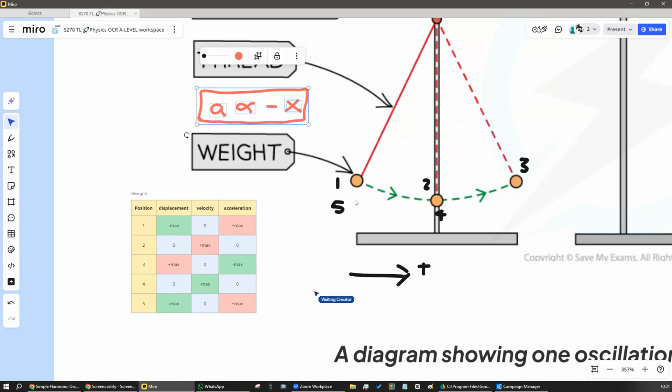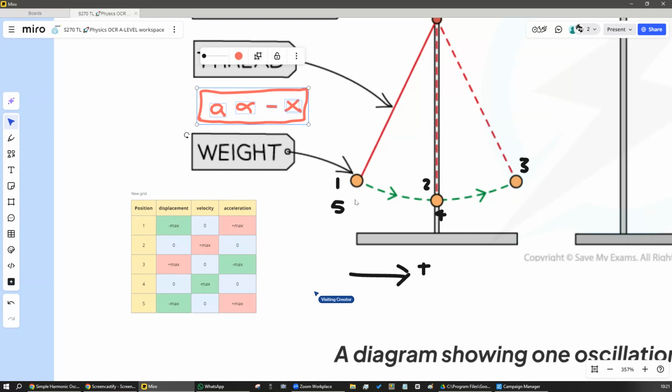So in other words, as it's pulled more extremely to one direction, the acceleration increases. As I double the distance from the equilibrium point, I double the acceleration, but in the opposite direction. And vice versa on the other side. The more it pulls off to the right, the more the acceleration is acting towards the left.